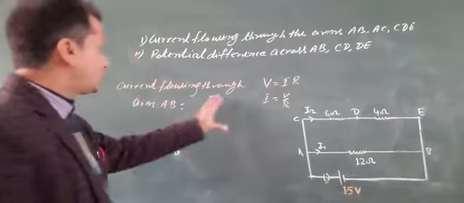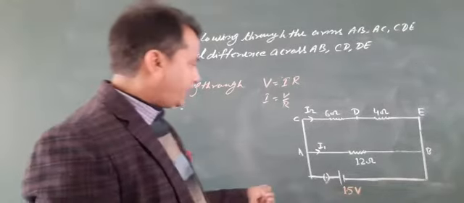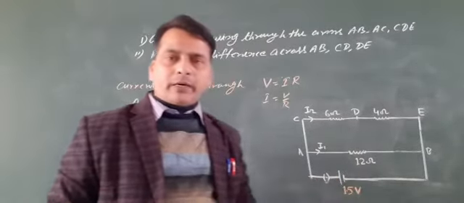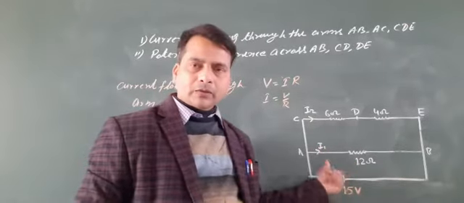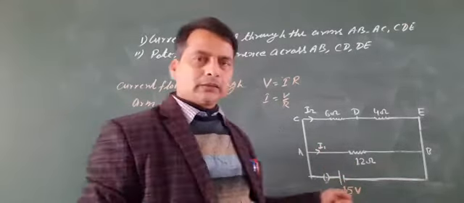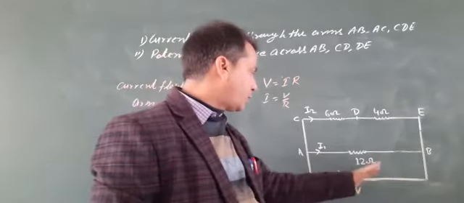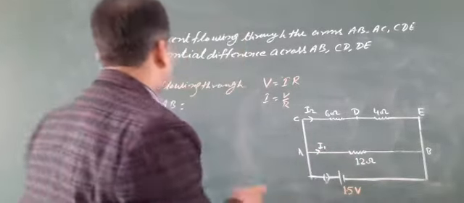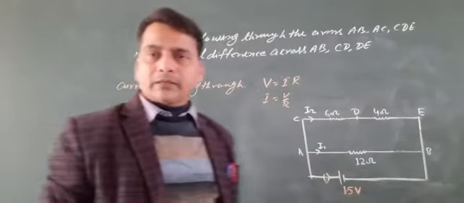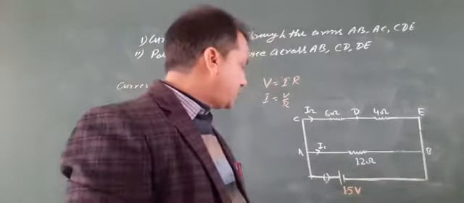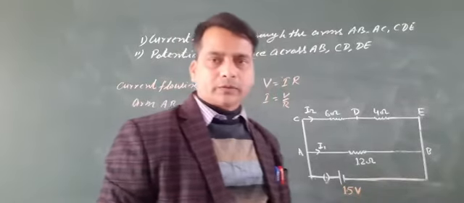Here the current flowing through R AB, and a 12 ohm resistor is used in this arm. The current flowing through the 12 ohm resistor is I equals V by R, and the potential difference given here is 1.5 volt.